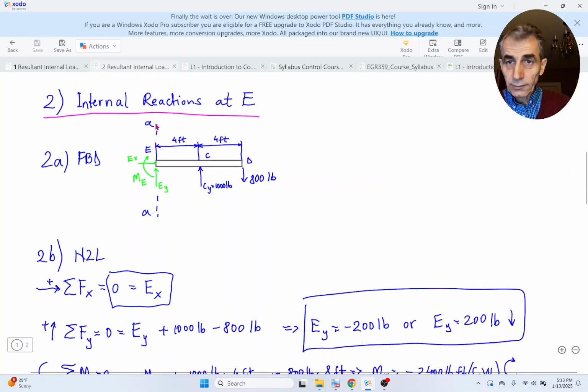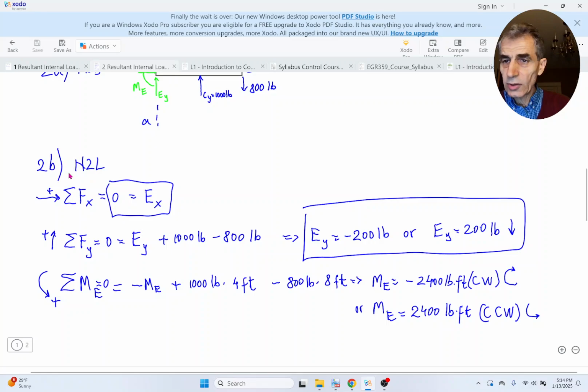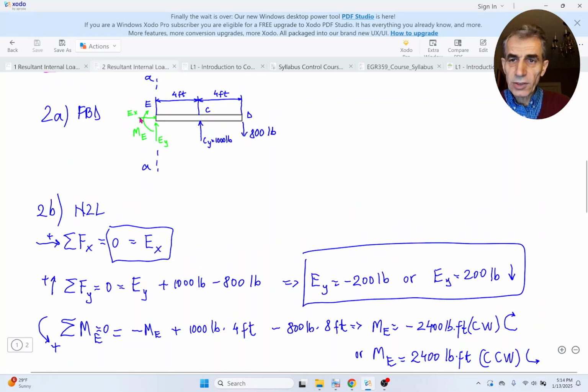So again, we draw the free body diagram, and again, I highly recommend don't skip these steps with the free body diagrams. So here, by observation, we can see that Ex is going to be 0, and that's what we get if we write the second law. And then if we look at Ey, sum of forces along the Y direction, I selected it upward.